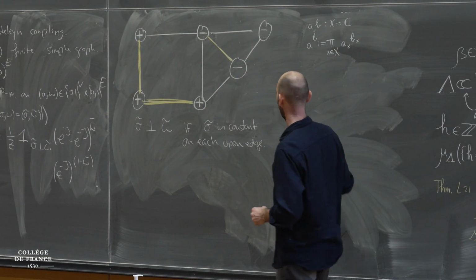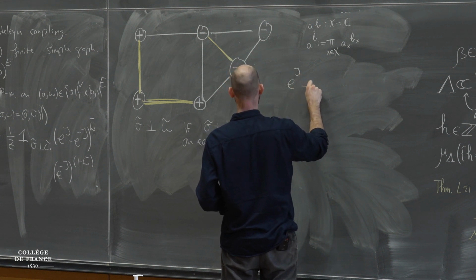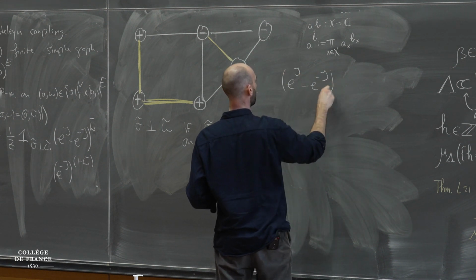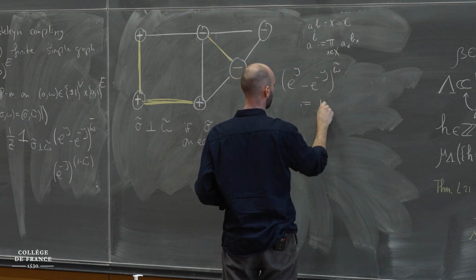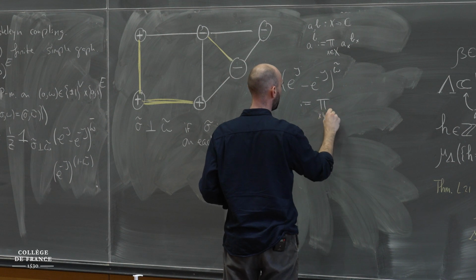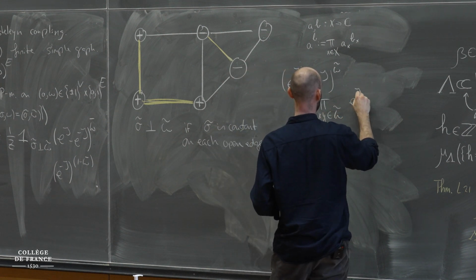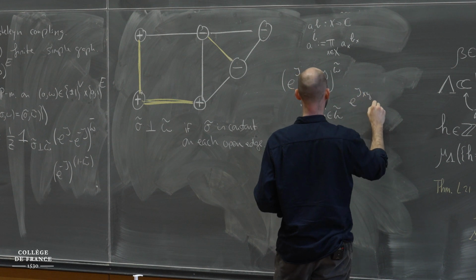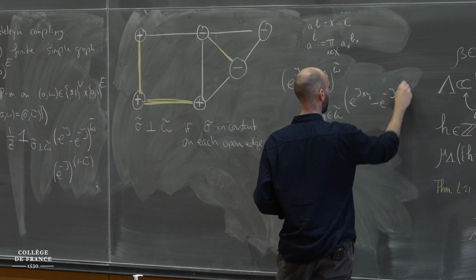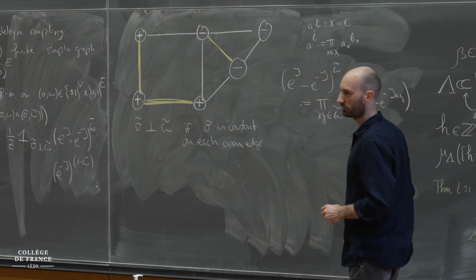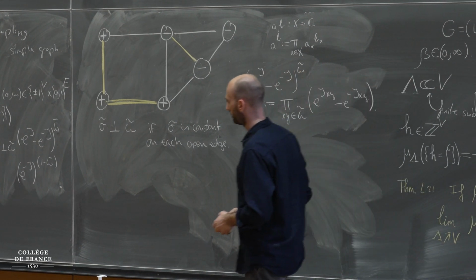So e to the J minus e to the minus J to the power omega is just equal to the product over xy in omega of e to the J_xy minus e to the minus J_xy. So I will clarify this in a second.